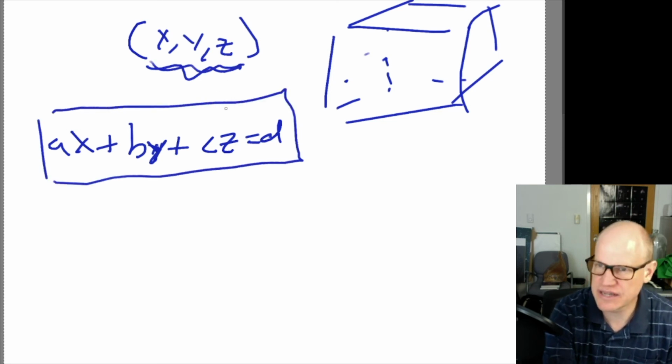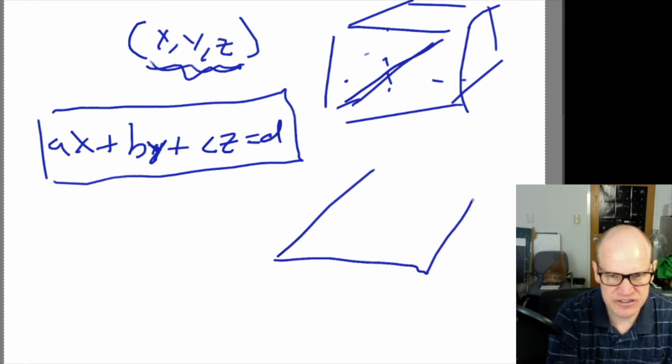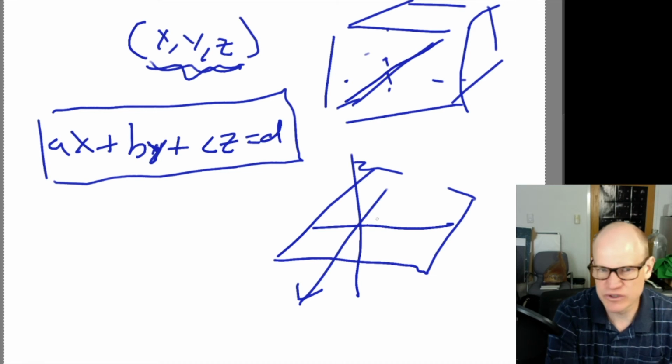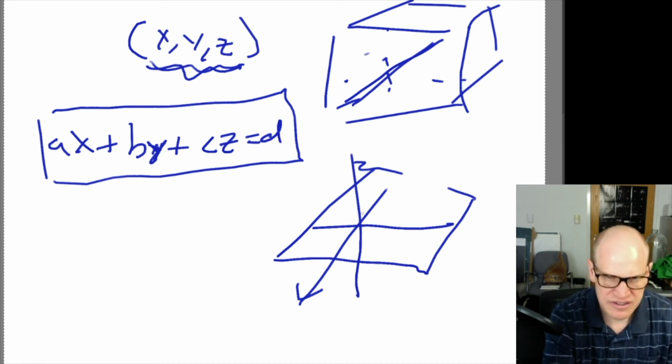And what it does is it collapses you by 1 dimension. So now you get a plane that slices through. So here is your plane, and here is your coordinate system. And the plane is going to be coming through at some kind of weird angle relative to everything. So for example, the plane could look like that.